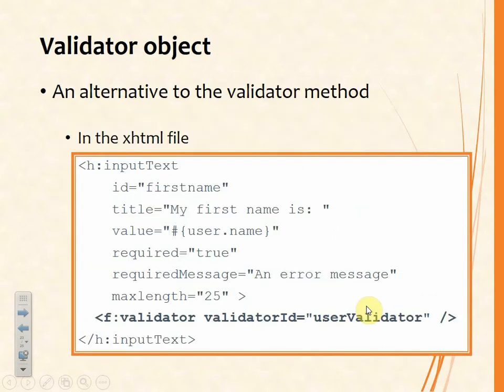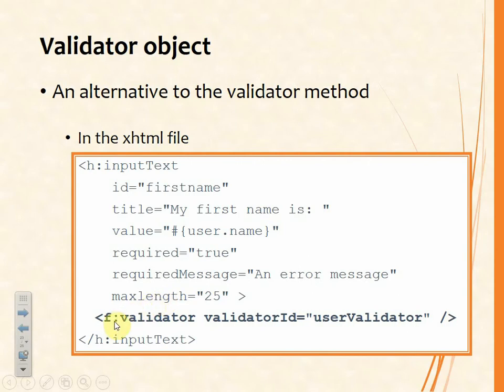An alternative is to use a validator object. So the validator method we looked at just now, that sits in the managed bean. A validator object is a completely different class, and its sole purpose is to validate whatever is passed to it. I'll show you an example in a minute that will clearly make this distinction and the consequences of it. You can see if we're going to use a validator object, we don't use the validator attribute.